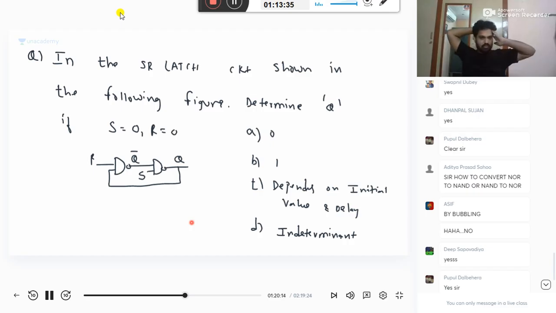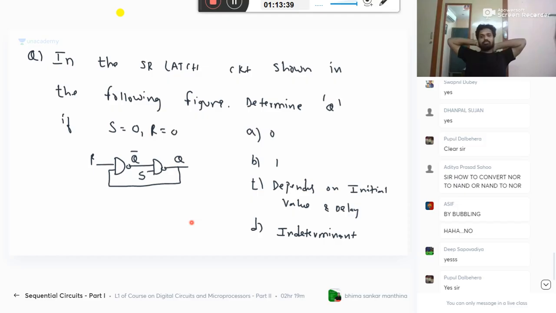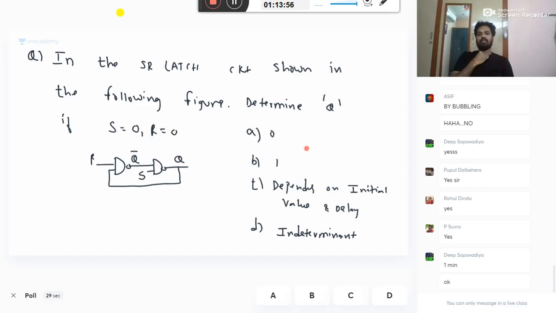Determine the Q when S equal to 0, R equal to 0. So let me start the poll.